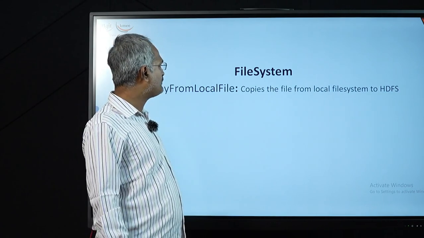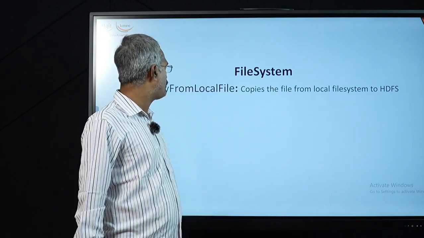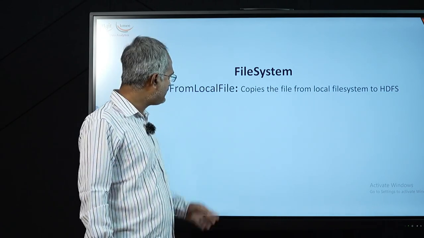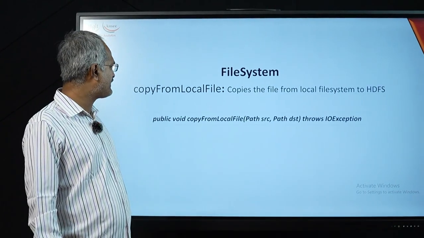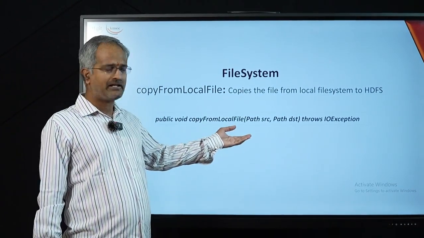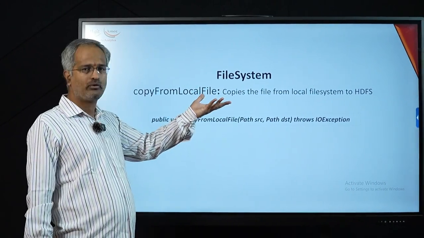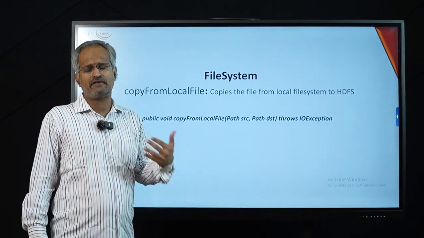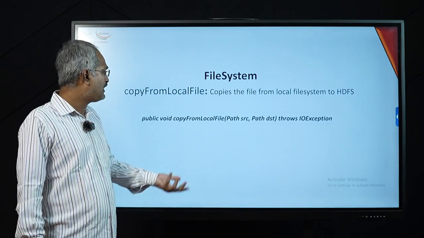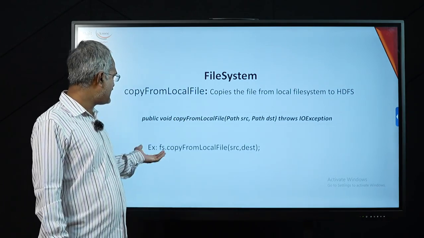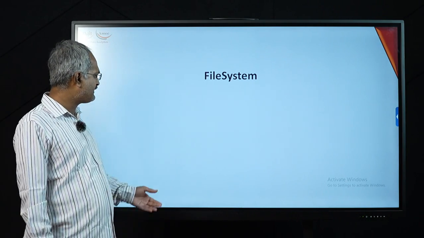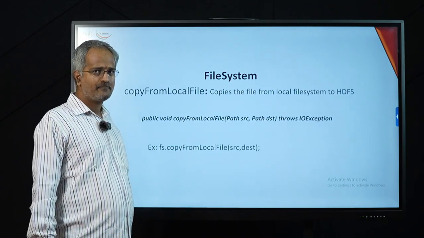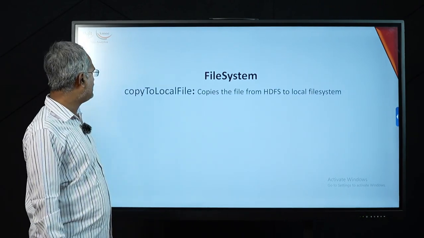And in the FileSystem, copyFromLocal and copyToLocal, these commands can be used to copy the data from the local file system into HDFS. It is like hdfs dfs -put, hdfs dfs -copyFromLocal, and this is the simple syntax for that.